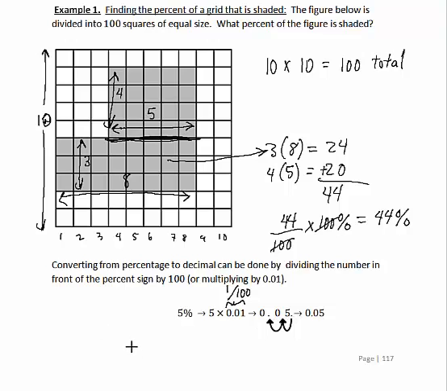So, for instance, if we had 5 times 1 over 1,000, then we would simply take 5 and move it 1, 2, 3 places to the left. But that's just for your own information. We're dealing with percentages in this chapter, and so we're either going to be multiplying by 100 or dividing by 100. So we either move the decimal point 2 places to the left or back 2 places to the right to get back to the percentage.